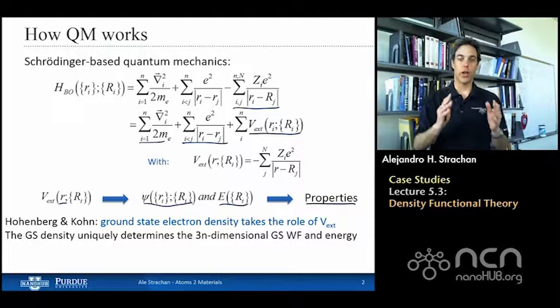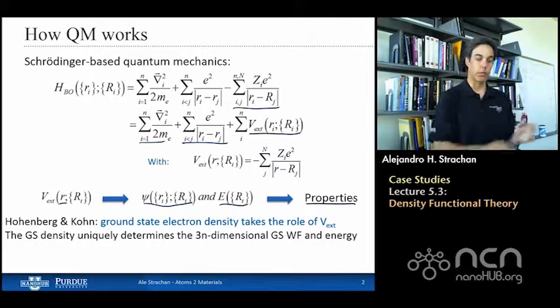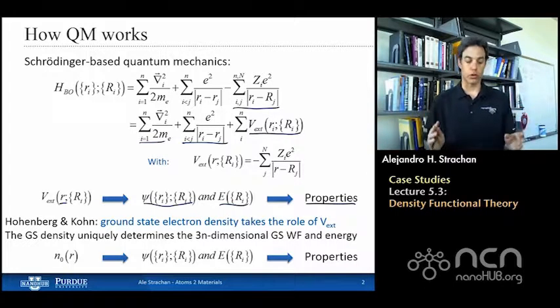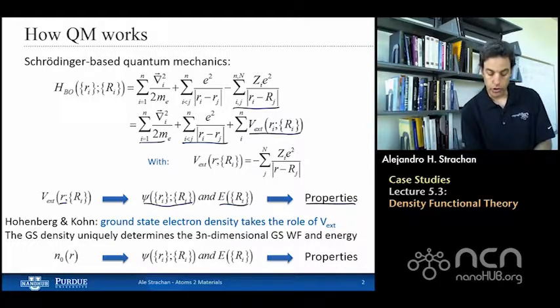So the Hohenberg-Kohn way of doing quantum mechanics is that you start off with the electron density.